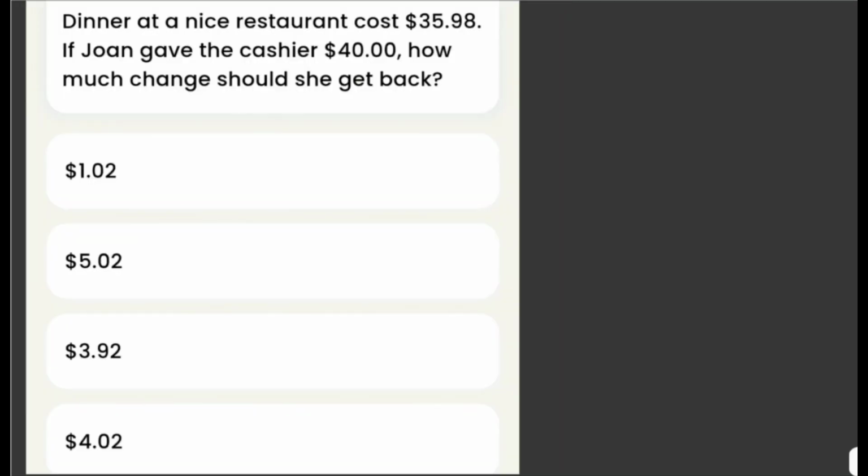Dinner at a nice restaurant costs $35.98. If Joan gave the cashier $40, how much change should she get back? Now to solve this, we just have to subtract $35.98 from $40.